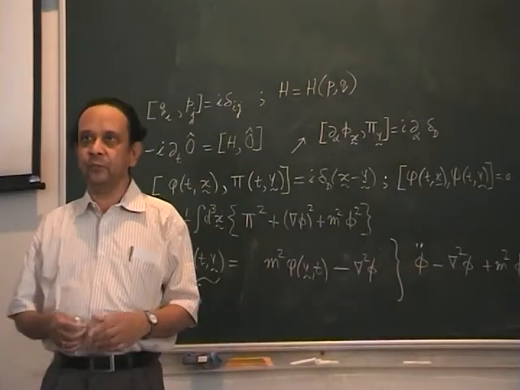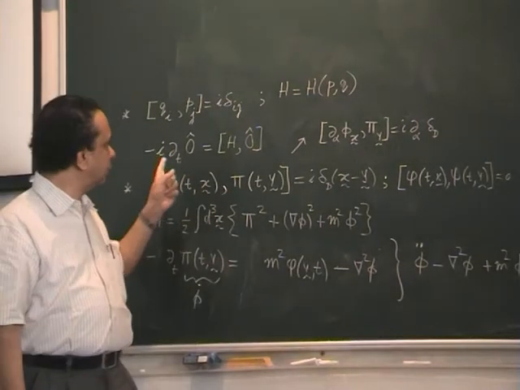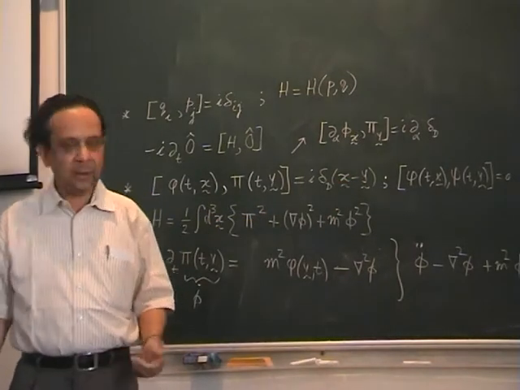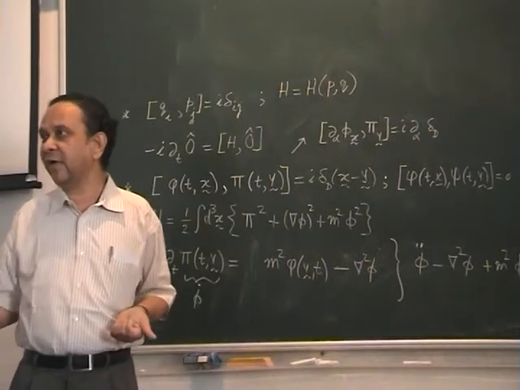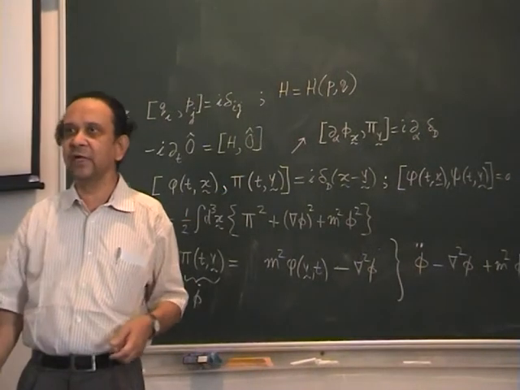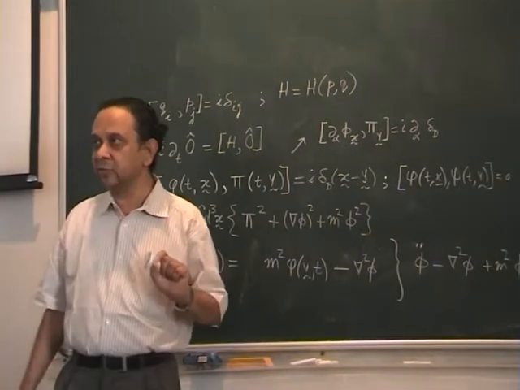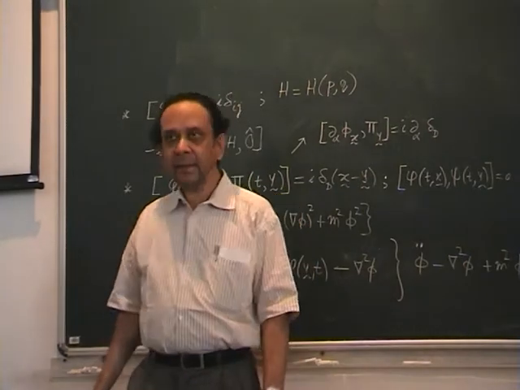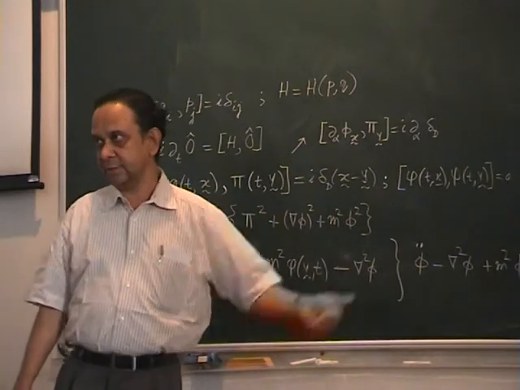Now, what does that buy you? What it is telling you is that if you think of this entire thing as a quantum mechanical system in the Heisenberg picture, then this operator which you have introduced, we now know is just phi dot, so we don't have to think of it as an independent operator. The operator phi which you have introduced evolves like this, and there is a commutation rule which it satisfies, which are related by this.